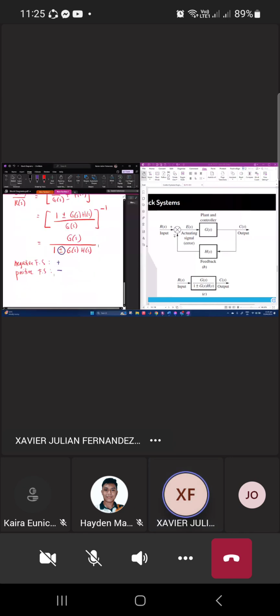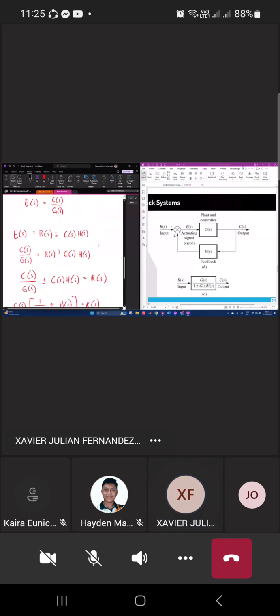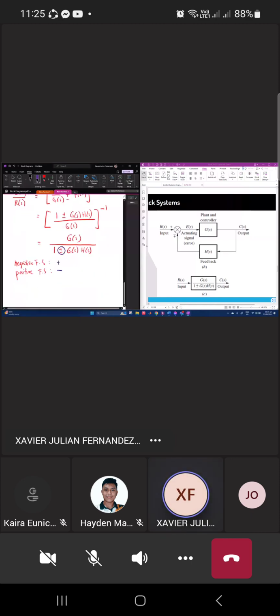That's basically just algebraic manipulation. This is a very important equation that you will be using all throughout when analyzing feedback systems. So as much as possible, make sure that the block diagram can be represented as a very simple feedback system. Okay?